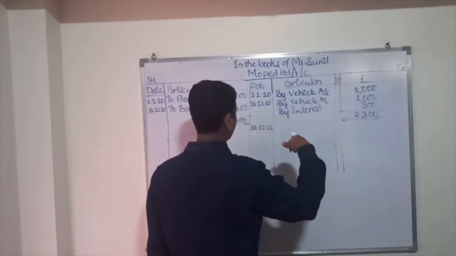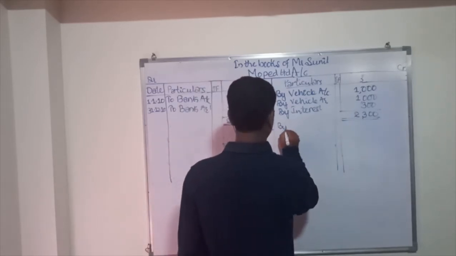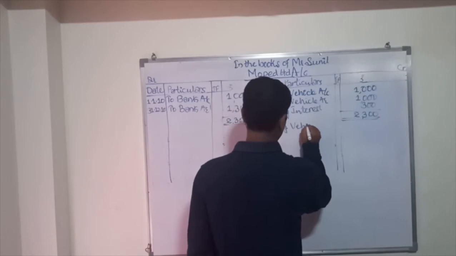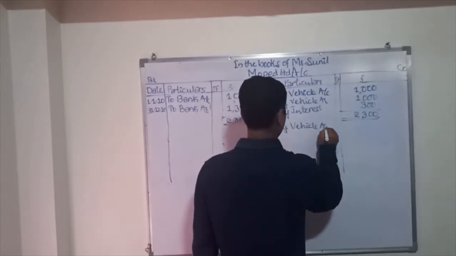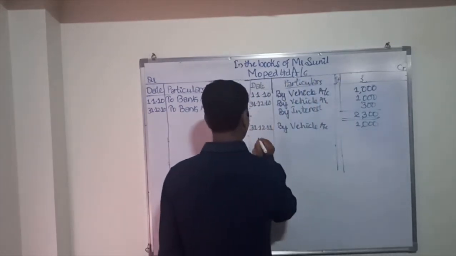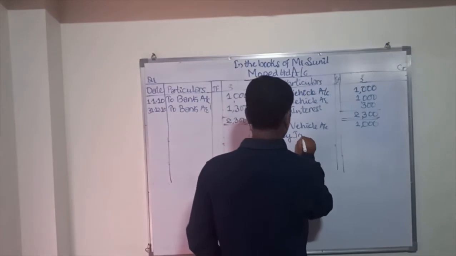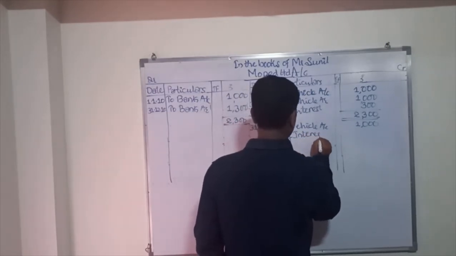Then the second installment becomes due on 31/12/2011. Then the entry will be vehicle account debit, interest account debit to Moped Limited. So Moped Limited is credited by vehicle account. That is rupees 1000. Then on the same day, by interest it is 200.